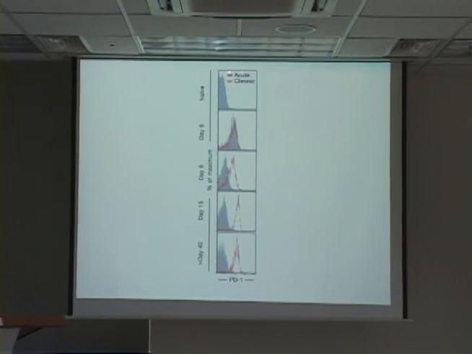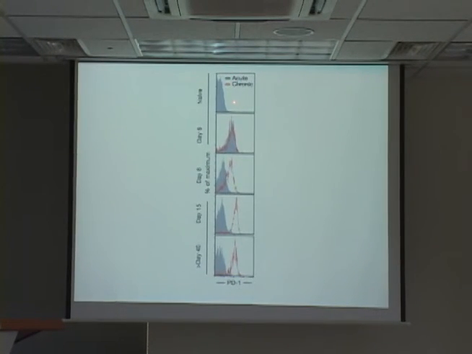And this is what happens in an acute infection for PD-1. You can see in grey that early on the cells will upregulate PD-1, and then when the virus is eliminated, PD-1 disappears. But if it's a chronic infection, shown in red, then it persists.